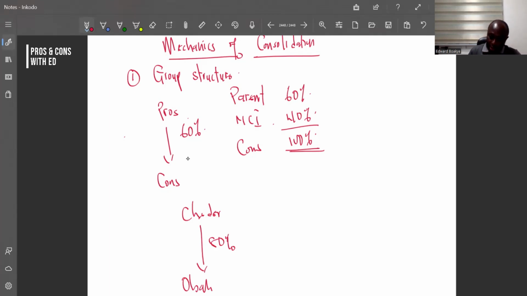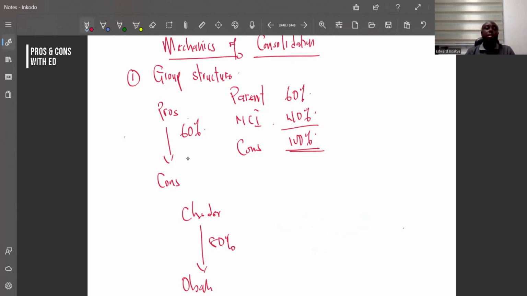Looking at the statement, Cheddar purchased 8,000 shares, whilst Oba is having 10,000 shares. So if you multiply this by 100, we are going to get 80%. And that is why we are saying Cheddar has purchased 80% of Oba.